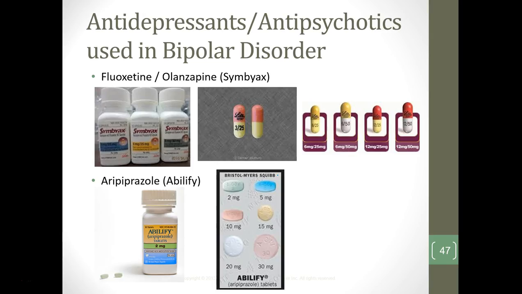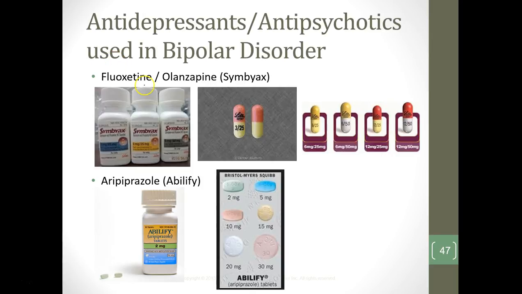Now, we also use some antidepressants, and we use antipsychotics and an antipsychotic-antidepressant mix. So fluoxetine is an antidepressant and olanzapine is an antipsychotic. That brand name combination drug is known as Symbyax. And there are some bottles here that show you the labels for the Symbyax.